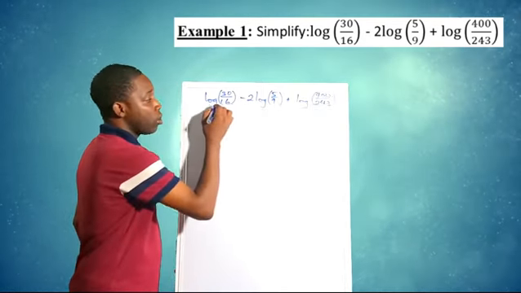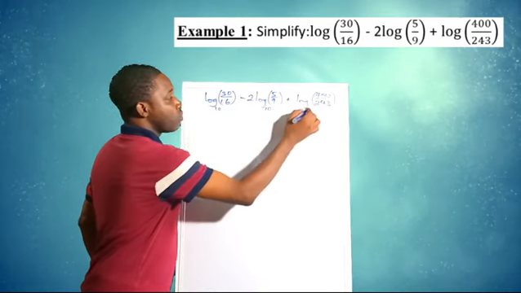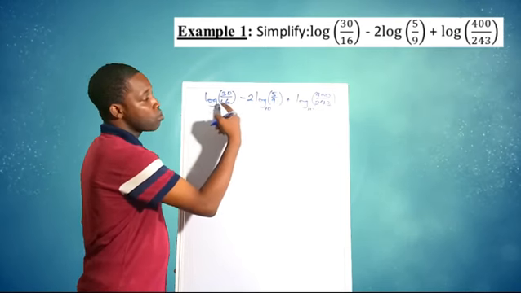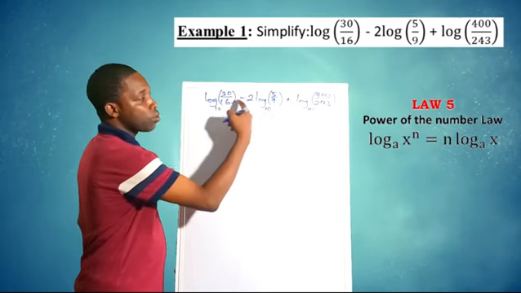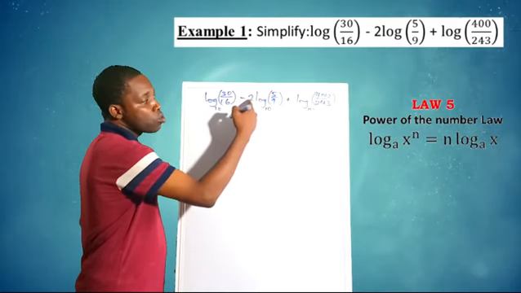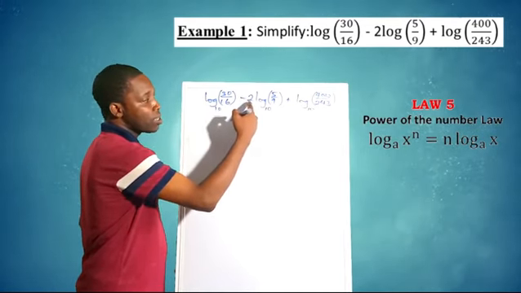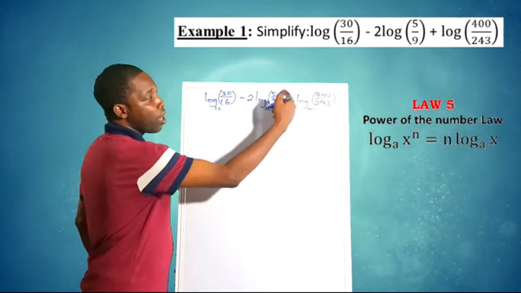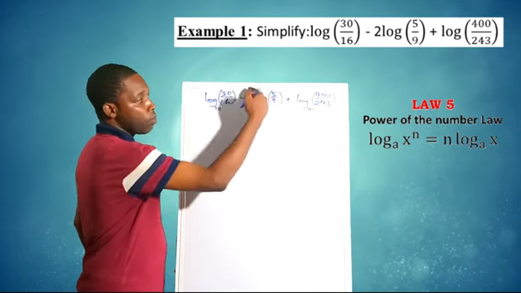I said they will all take base 10, the natural base. At this point, we are supposed to apply the law of addition and subtraction, but we can't because of these two. We need to take these two away from this place, and to do that, we apply law 5, which says that anytime we have a power on a number, the power will come to the back.